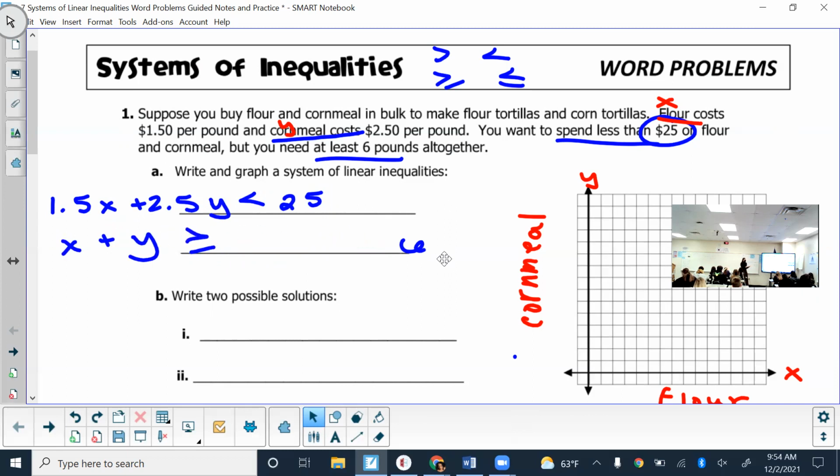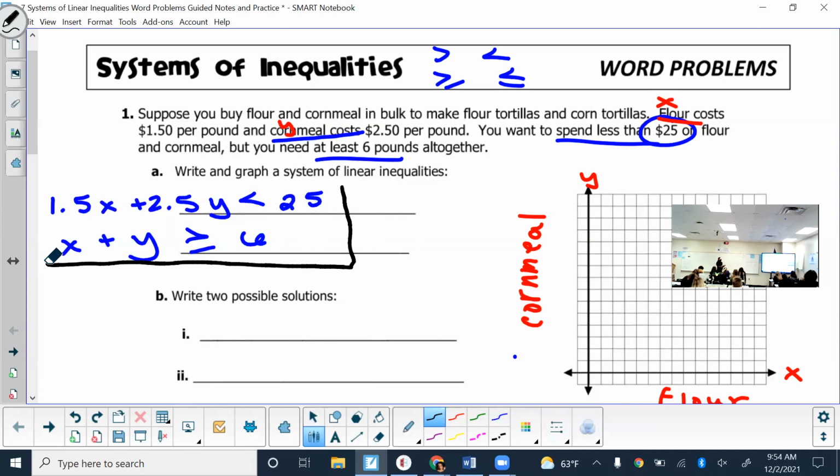All right, so I'm going to box this up, but am I able to graph this the way that it is? No. So I do need to rearrange it into slope-intercept form. How do I do that? Subtract 1.5x, do that on each side.